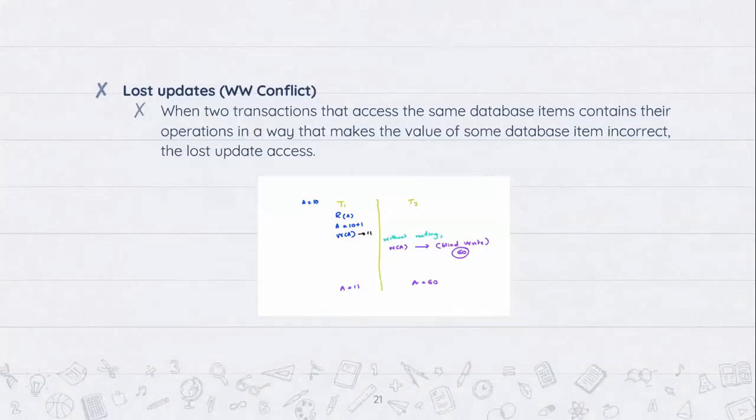These are the problems of concurrency: the three main problems that can happen when there are many transactions at once. If you have any questions regarding this, please ask.